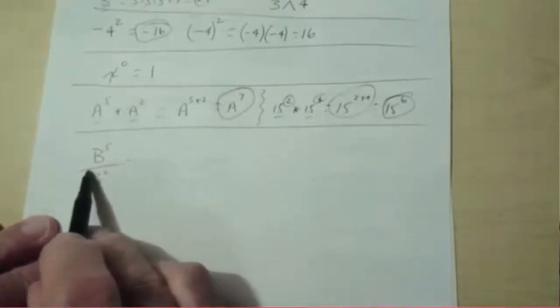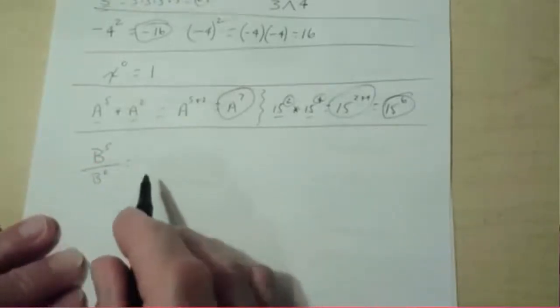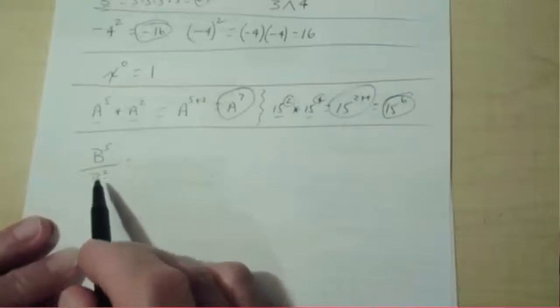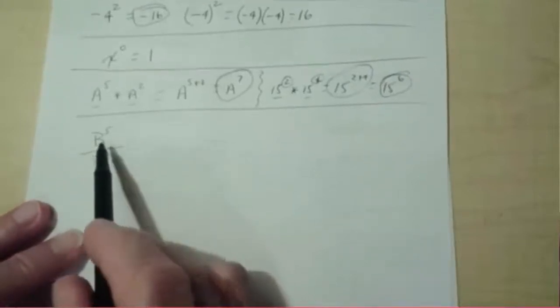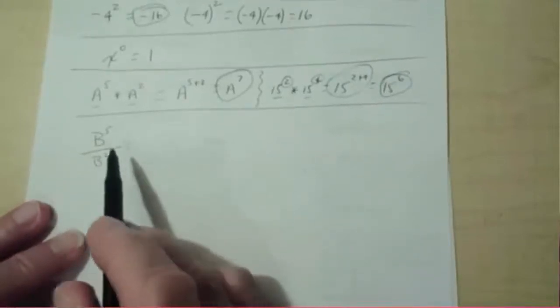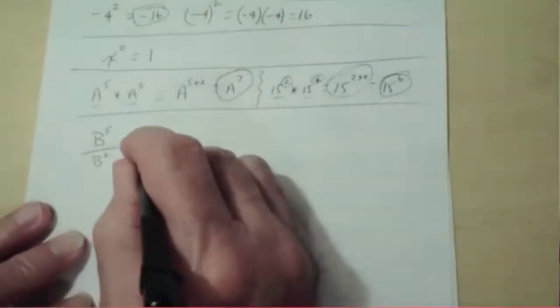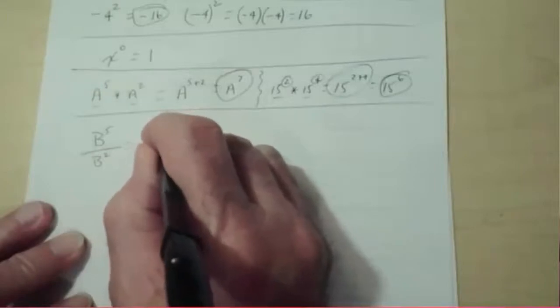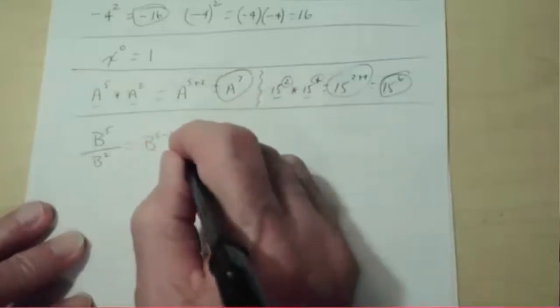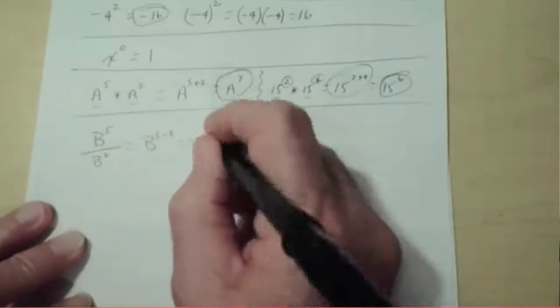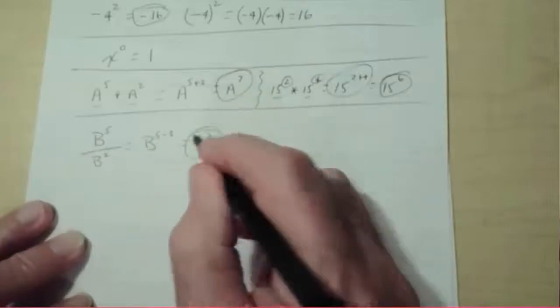Now remember, the fraction bar means divided by. So when we divide numbers with exponents, and the base numbers are the same, this is b to the 5 minus 3, which is b squared.